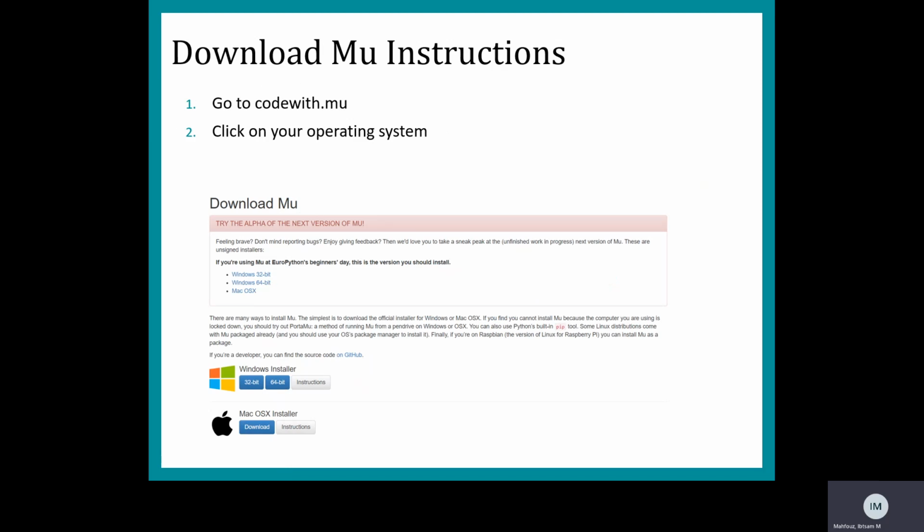Once you've installed Python, I want you to install Mu, and the way you install it is you're going to go to codewith.mu, select your operating system, and install the software. And next class, we will actually be using the software to write some code. If you run into any issues installing either Python or Mu, please take a screenshot of your error and email me so that I can help you get it installed before next class.